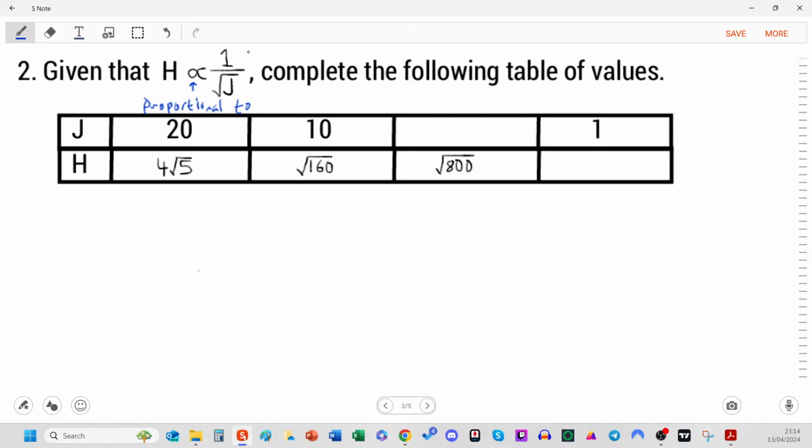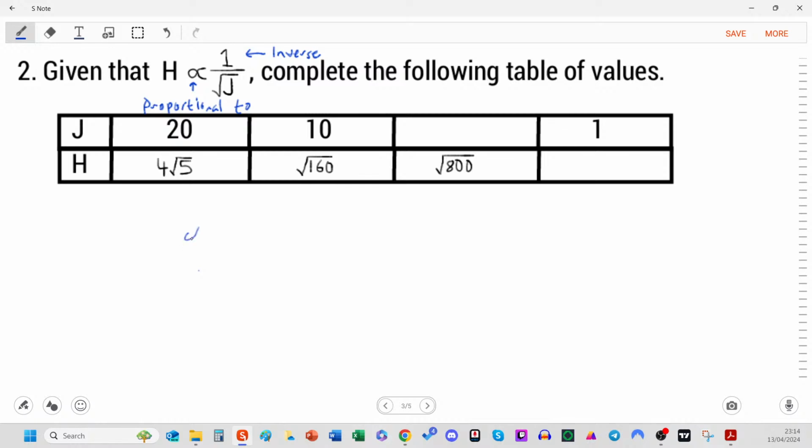When it is 1 over, like this, this is indicative of an inverse relationship. So as one goes up, the other goes down. How I would read this is: h is inversely proportional to the square root of j. And that's how we write it. This is how we turn it into a formula.